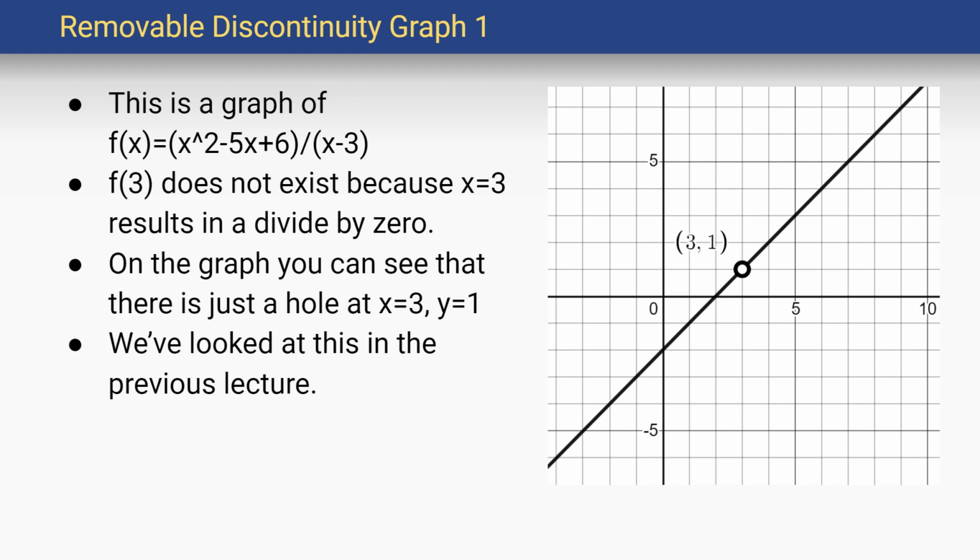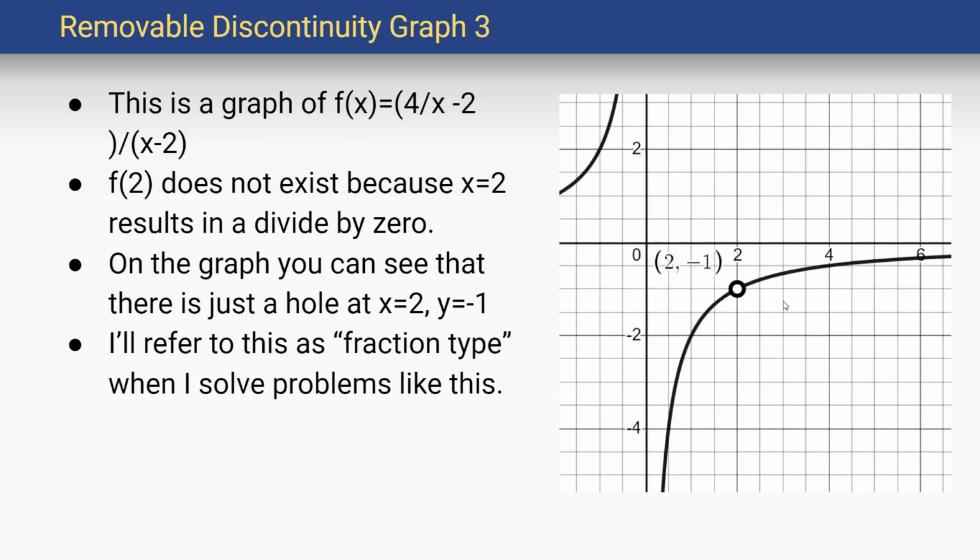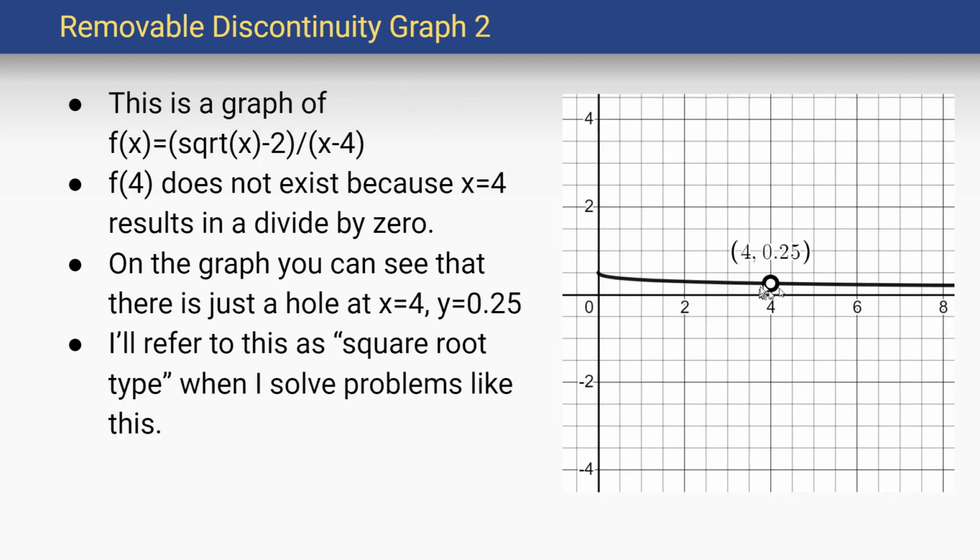Some of the other things we might be dealing with are like this one. Looking at the picture of the graph, you can see that the point (4, 0.25) is missing from the graph. But it's not a straight line this time. If you look at the curve carefully, you can see that it's not a straight line.